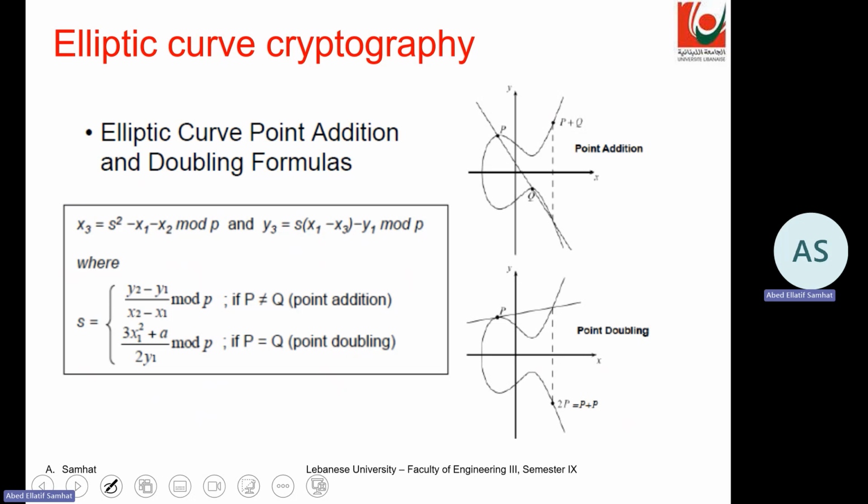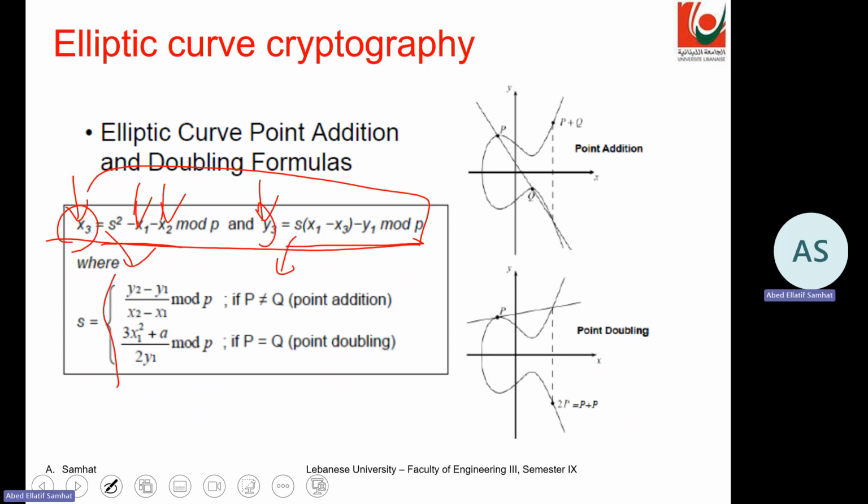Let's say that we have x1 for P and x2 for Q. If you want to calculate x3 and y3, which are the coordinates of the addition of P and Q, it's possible to use those formulas. x3 is equal to this and y3 is equal to this, with the term S based on those formulas. It takes this form if P is different from Q, which is the classical addition.